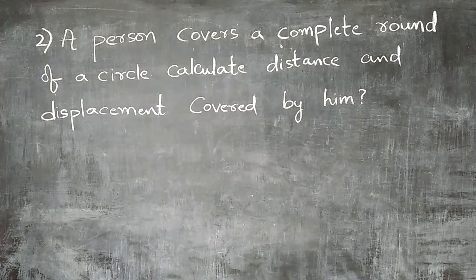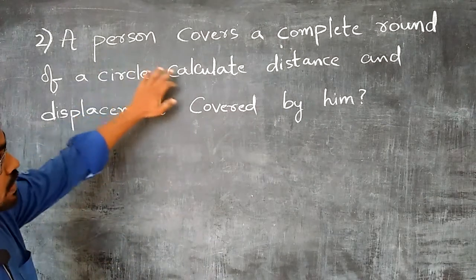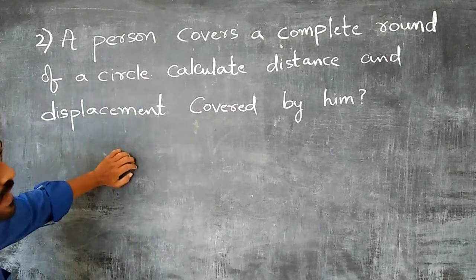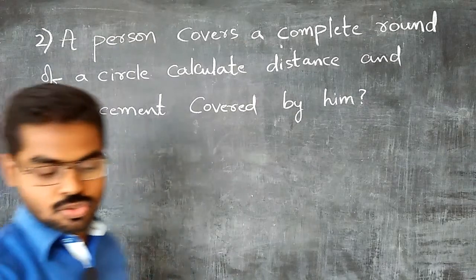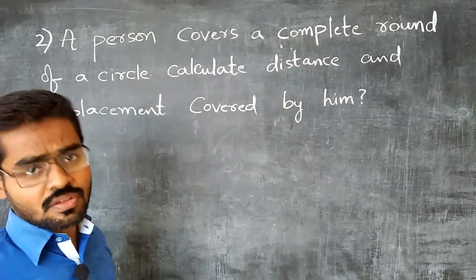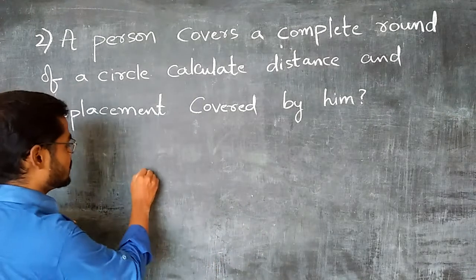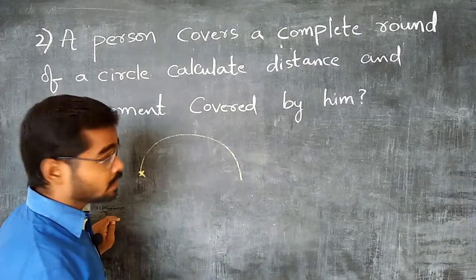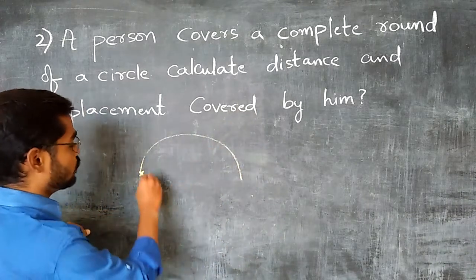So here we go with the second question. A person covers a complete round of a circle. Calculate the distance and displacement covered by him. In the previous question, the person covered half round of the circle, starting from here and ending at the half round. But in this question he covers a full round of the circle.